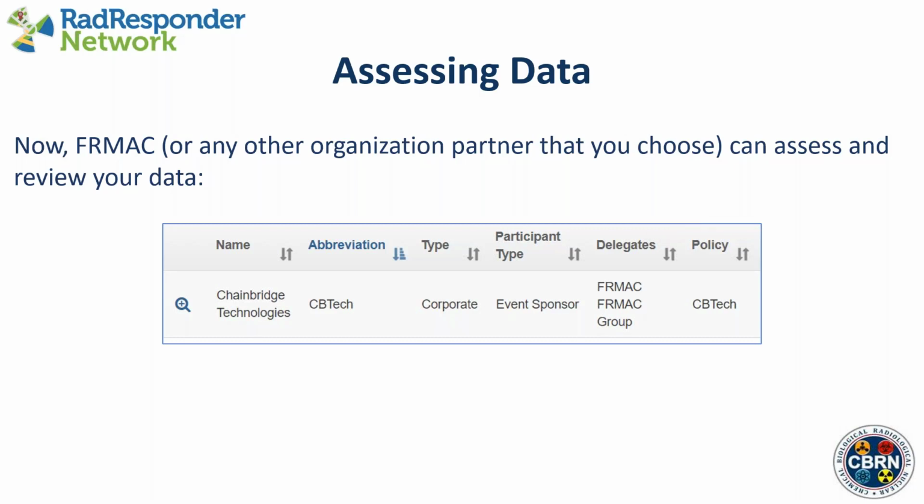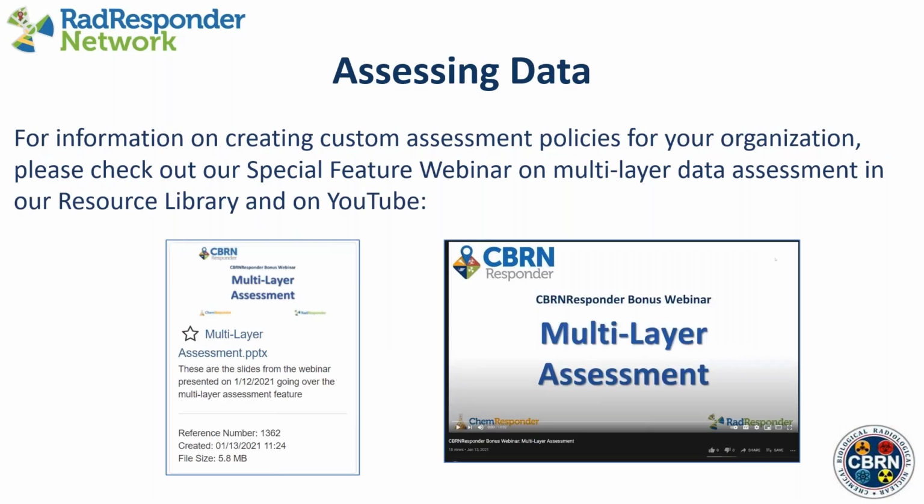This is a very high-level overview of the changes that went into place for this assessment capability. If you are interested in creating those custom assessment policies I mentioned earlier, I highly recommend you check out our special feature webinar on multi-layer data assessment.